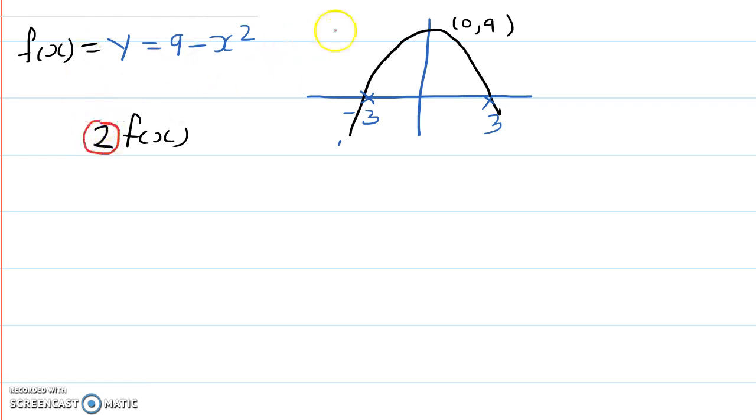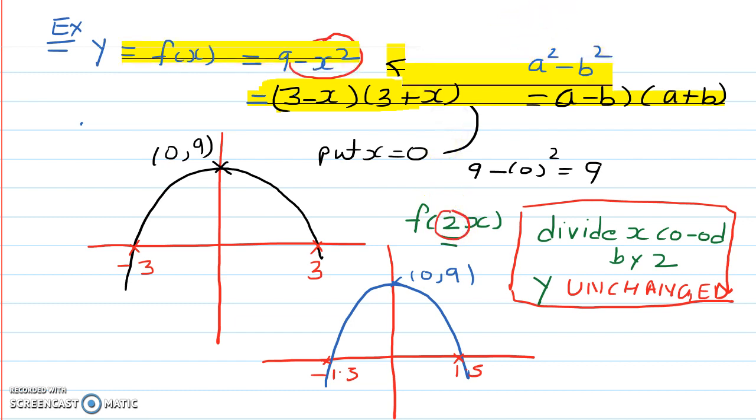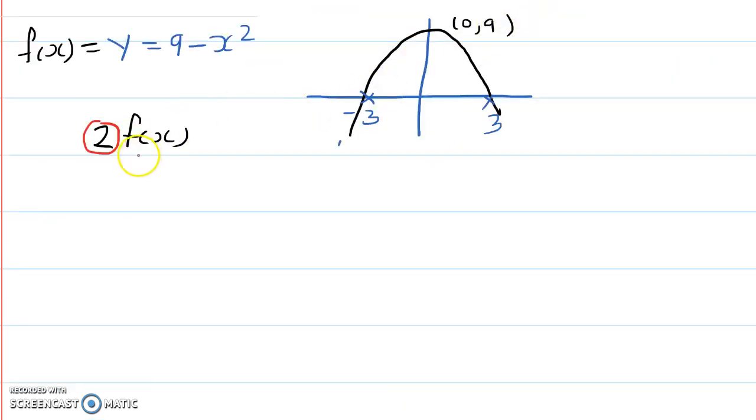In the previous question, 2 was inside the bracket. Now in this question, 2 is outside. Then what are we going to do? Multiply the y coordinate by 2. So 2f(x) means multiply the y coordinate by 2.